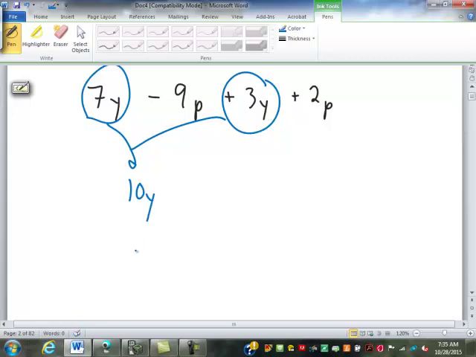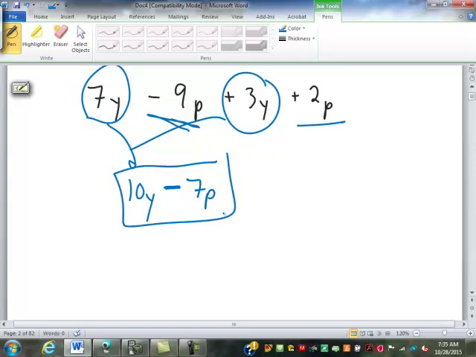Anything else I can combine? Okay. This is not 9p, though. It is negative 9p. And positive 2p make negative 7p. Now we do have to remember to have an operation, either a plus or a minus in between those to link them together. Since it's a negative 7p, we have the minus in there. So it is 10y minus 7p.